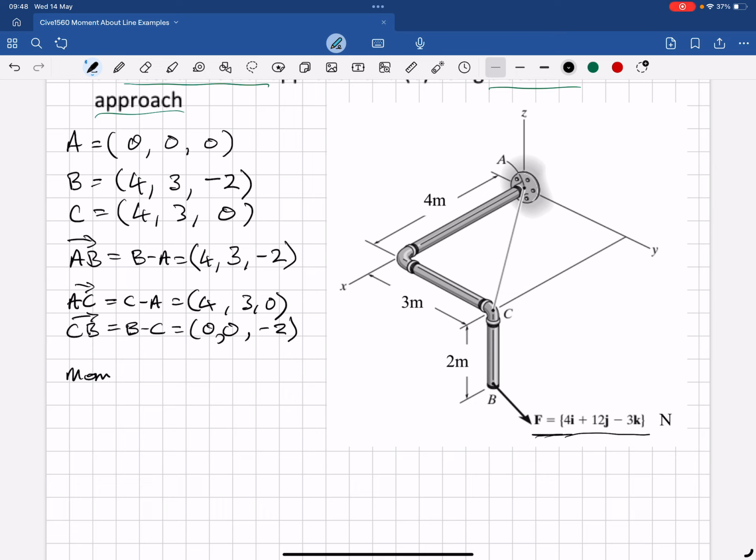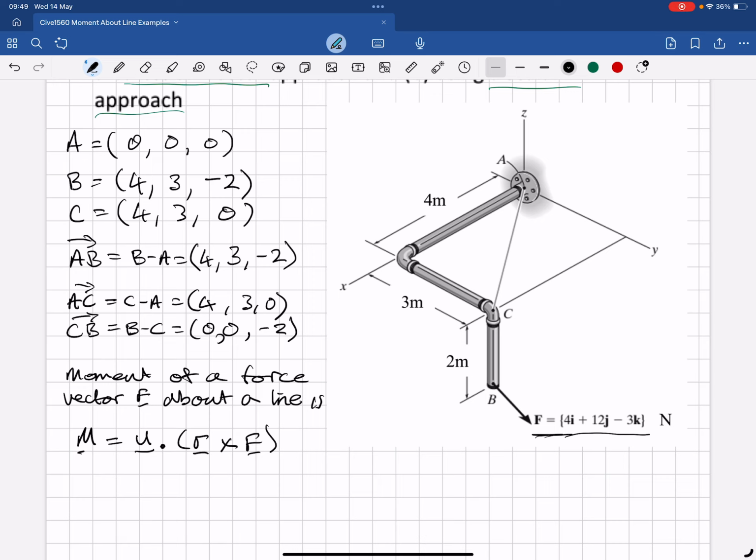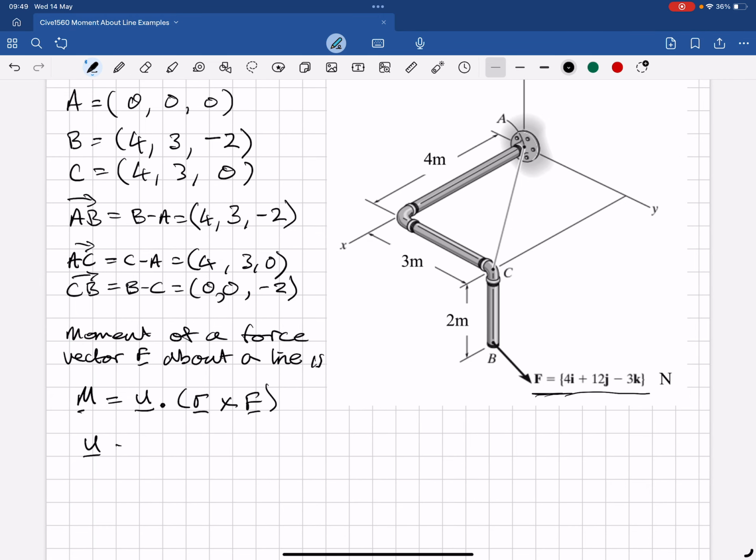So, I'm going to say moment of a force vector F about a line is, so the moment is equal to the unit vector dotted with a cross product of R and F. So let's say u is the unit vector in the line.